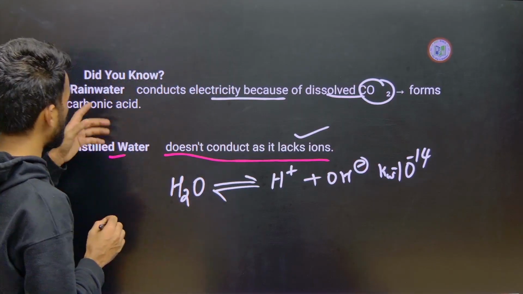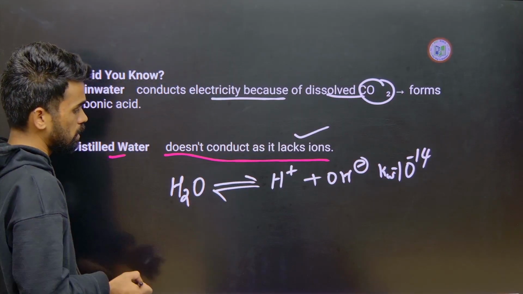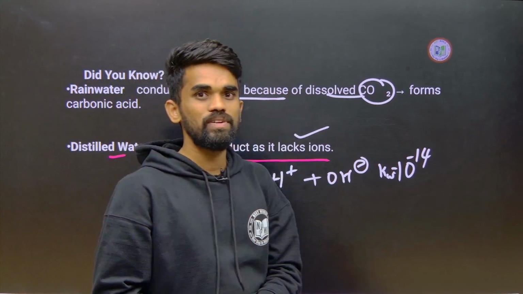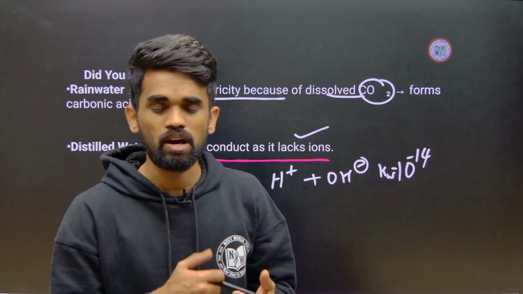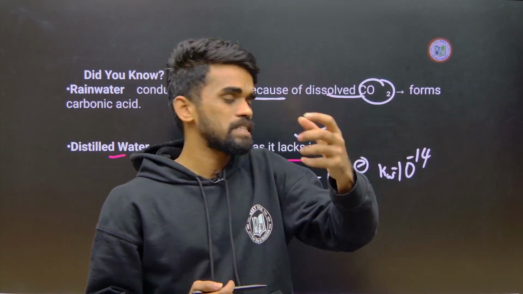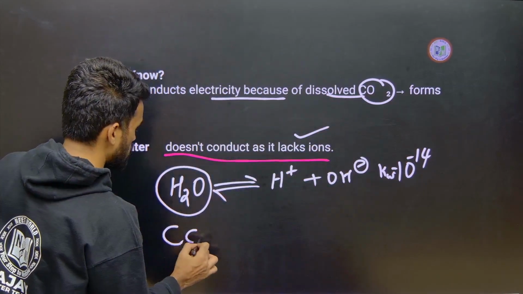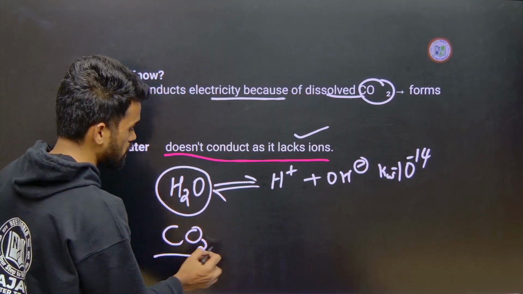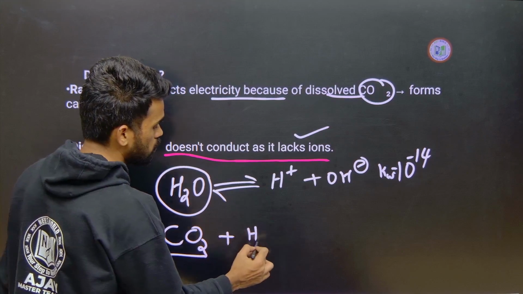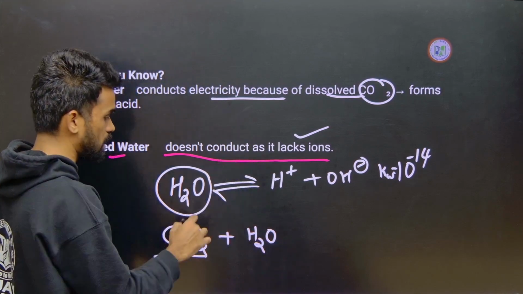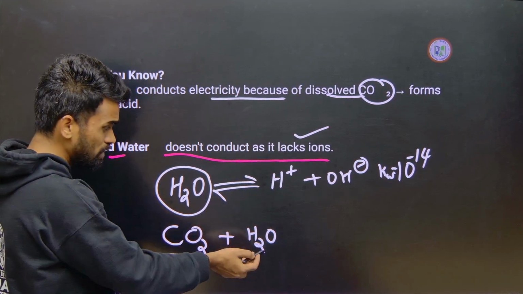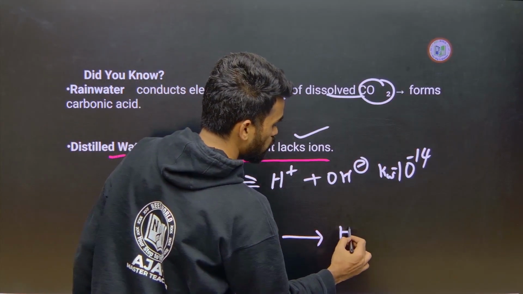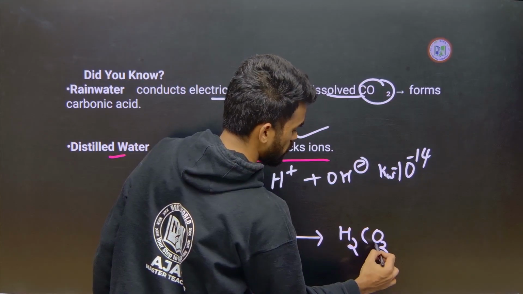Whereas rainwater is also water, but in the atmosphere we have different gases, let us say carbon dioxide, which is an acidic oxide present in the atmosphere. Whenever the rainwater interacts with this carbon dioxide, it forms carbonic acid, H2CO3, which is a weak acid.